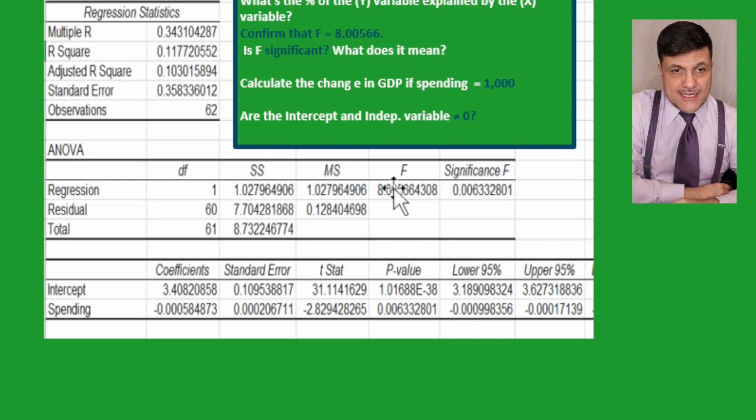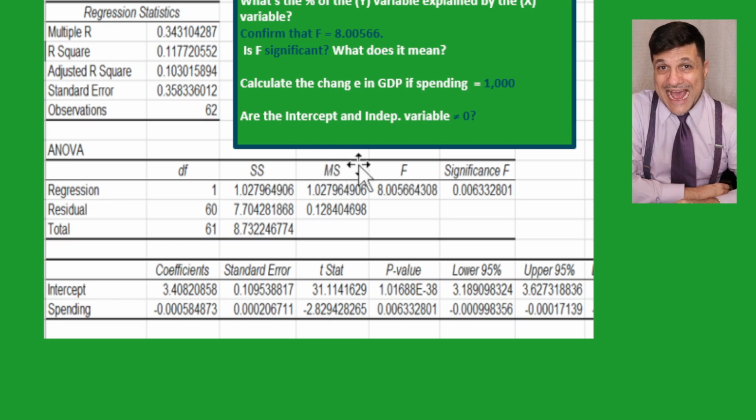The mean variance is called mean of squares. The average squares, the average variance. So the average variance for the regression is 1.02796 divided by the degrees of freedom, the number in front. If I divide it by degrees of freedom, I get exactly the same number because degrees of freedom is 1.